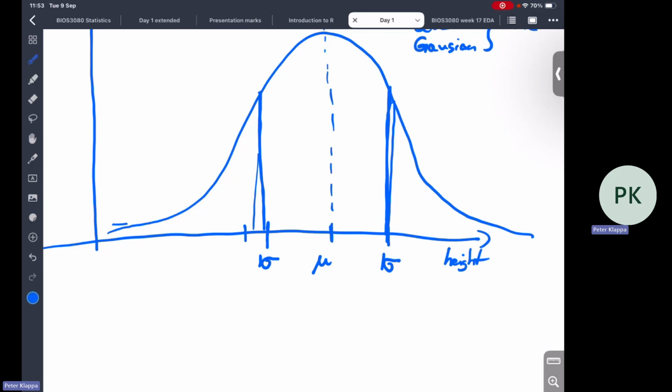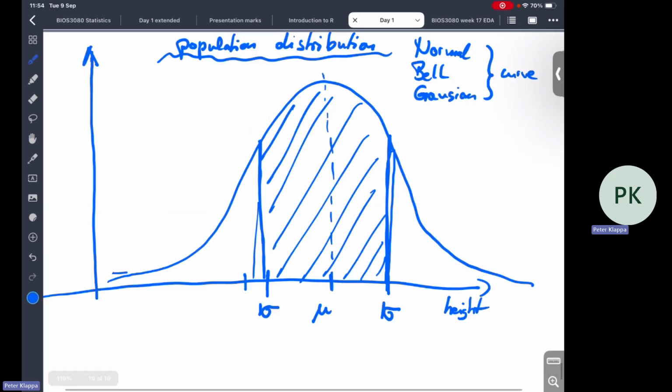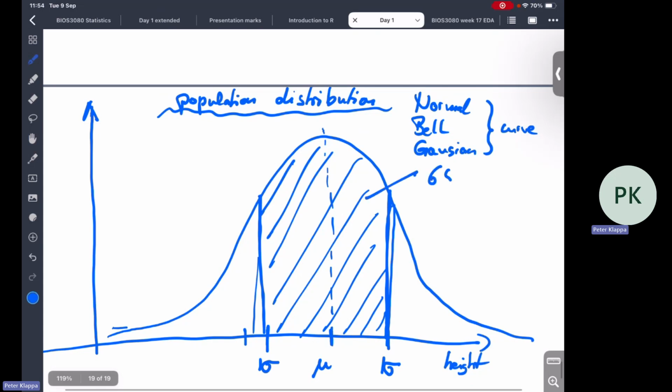And when we check how many people are in this range, one standard deviation above and one standard deviation below the mean, we find that this number is roughly 68%. So 68% of people would be in this 1 sigma range. 1 sigma to the left, 1 sigma to the right.